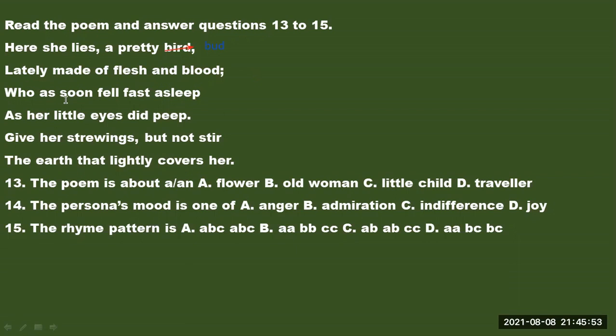And who as soon fell fast asleep. We don't expect a flower to fall asleep. As her little eyes did peep is not likely to refer to a flower. All right, so the earth that lightly covers her is probably referring to her burial. So it's really not correct to say that the poem is about a flower.